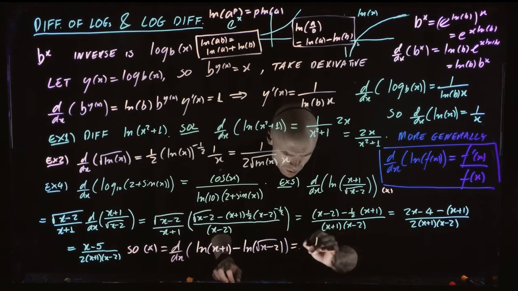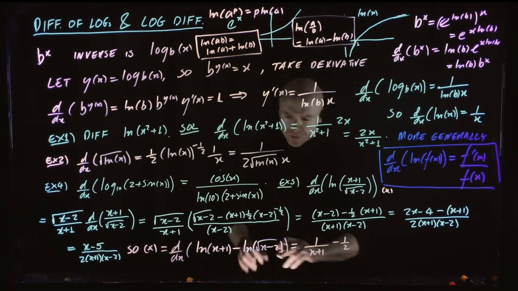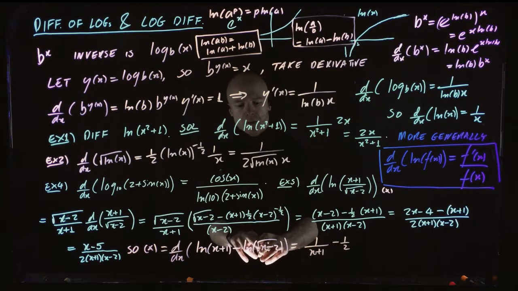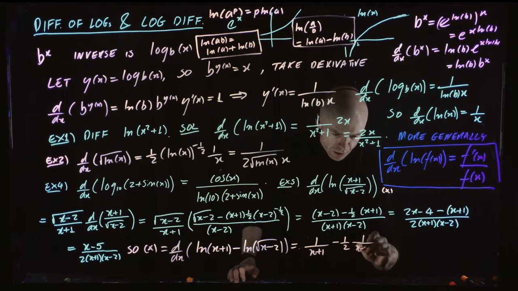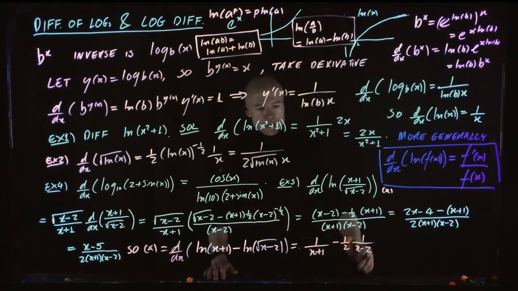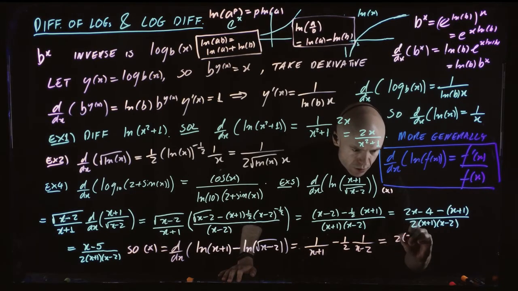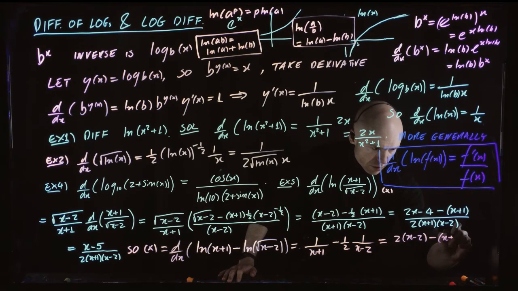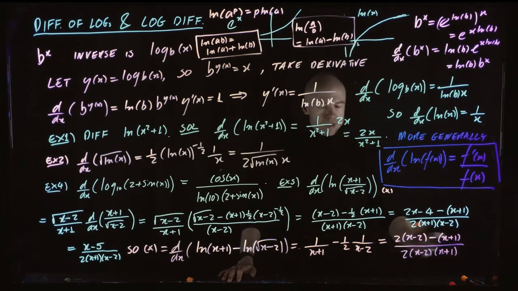And this is 1 over x plus 1, and this is minus 1 over 2, because we are using the fact that log of x minus 2 to the power half is a half log of x minus 2, and then when we differentiate log of x minus 2, we have 1 over x minus 2, which looks like it's a different answer, but if we make a common denominator, so if we have 2 of x minus 2 on the top minus x plus 1, and the common denominator of 2, x minus 2, x plus 1, we have exactly the thing that we did before.